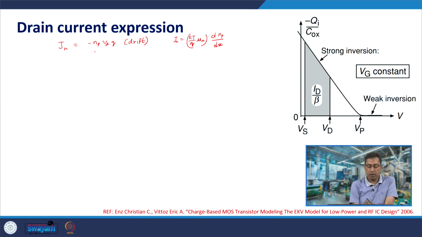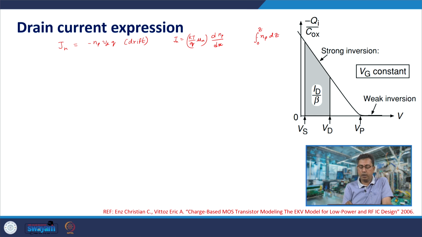Now we want current and not current density. When we look at a MOSFET from the top, we would integrate the value of electron density from 0 to y, 0 to z.